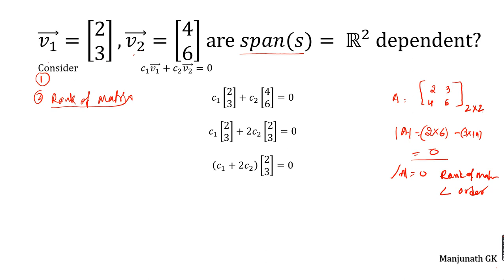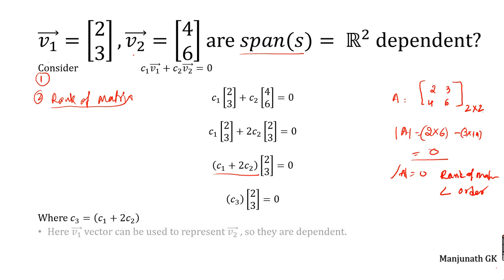Take the vector (2, 3) common. Now it can be written with one more constant c3, so that the vector v1 can be used to represent v2, so they are dependent on each other.